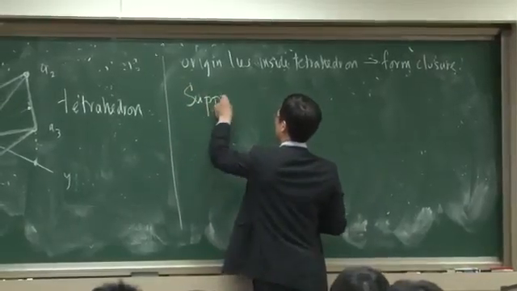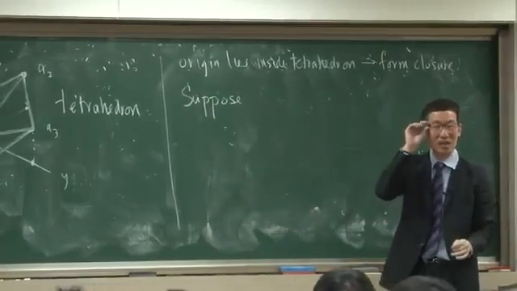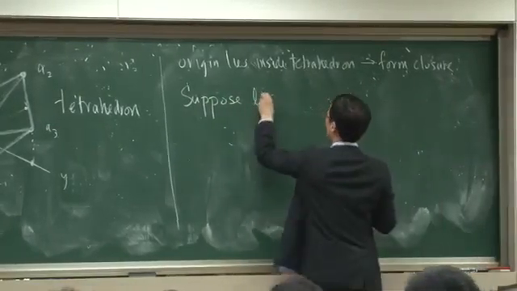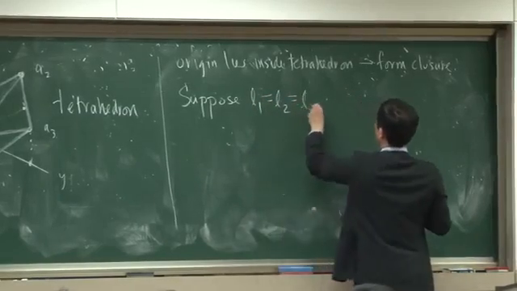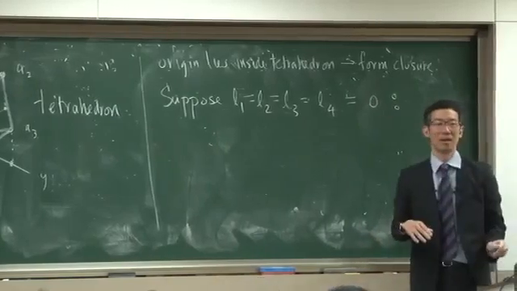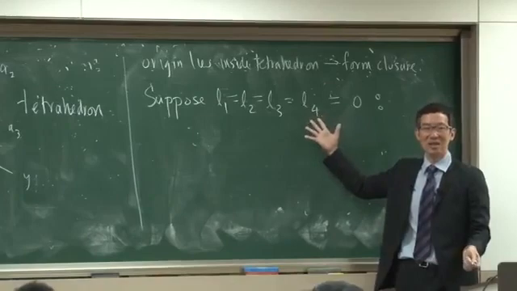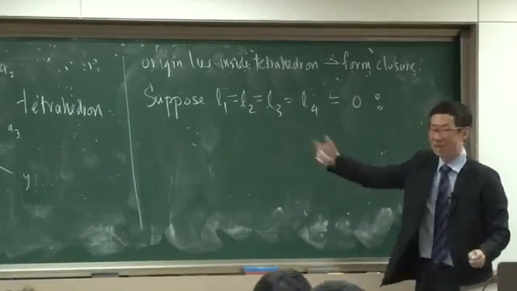Last case. Now let's get the final answer to our question posed at the beginning of the class. Suppose now L1, L2, L3, and L4 are all 0. I told you that this is not good. Let's see what happens.